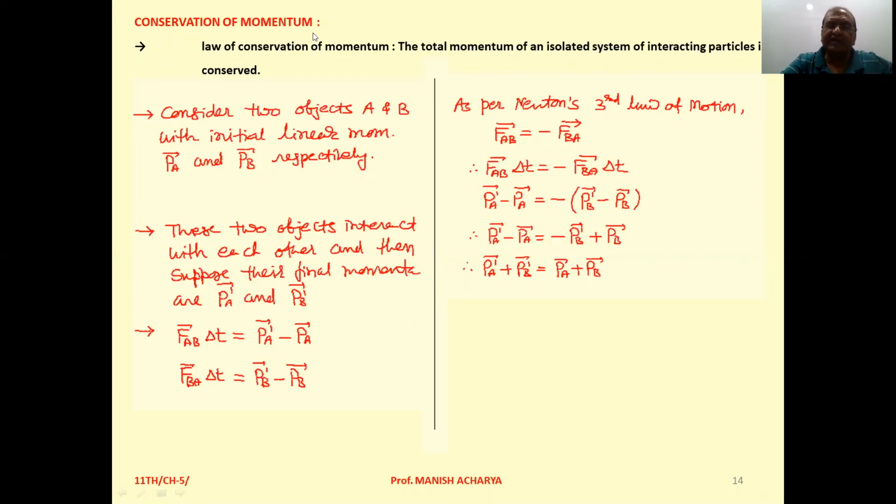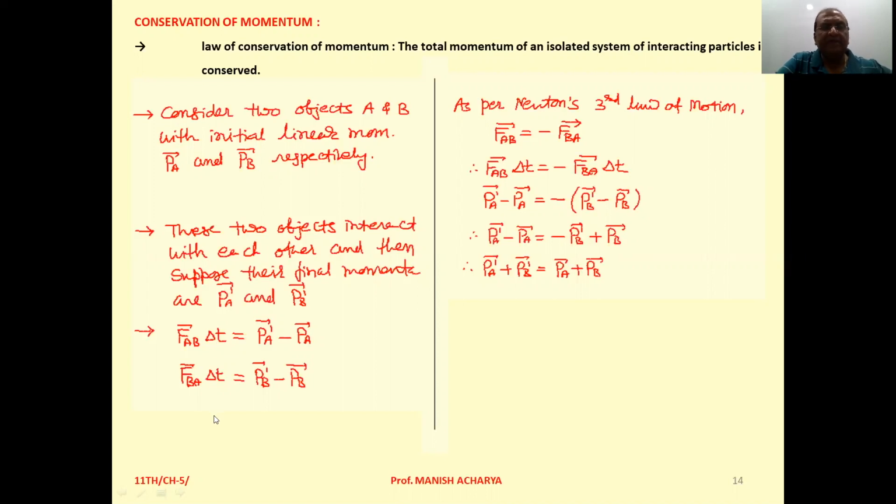So we can write the change in momentum of A, that is PA dash minus PA, this one. But change in momentum of A, that is the impulse on A. So that is force on A by B into time interval.